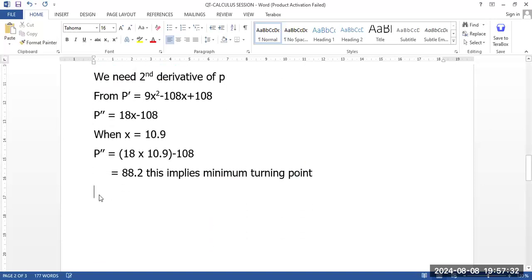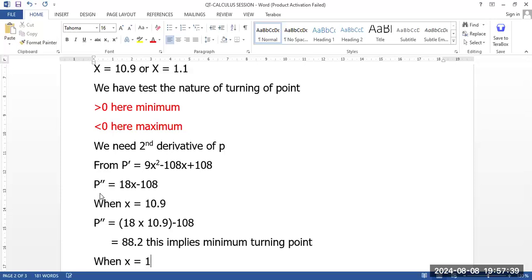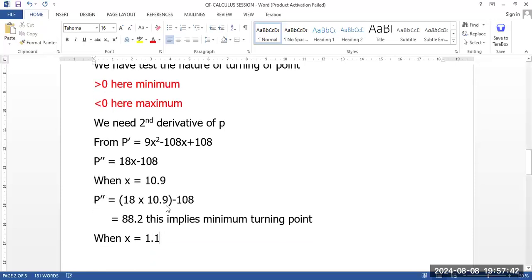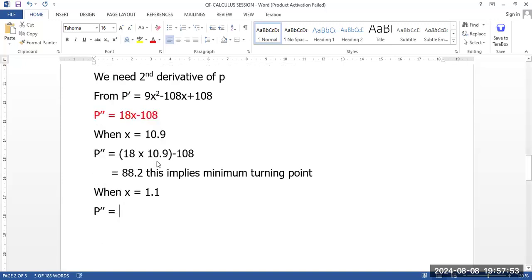Then we do the next. When x is equal to, what was our next figure? 1.1. What will be the value of your second derivative? Where there is x in the second derivative, this is 18 times 1.1 minus 108.